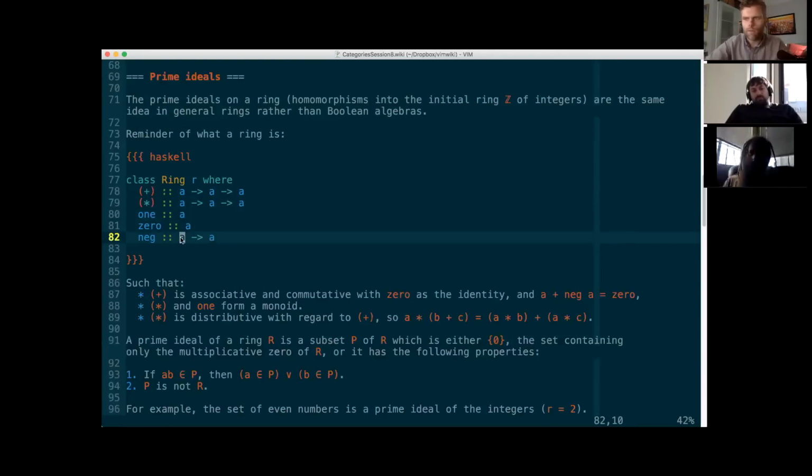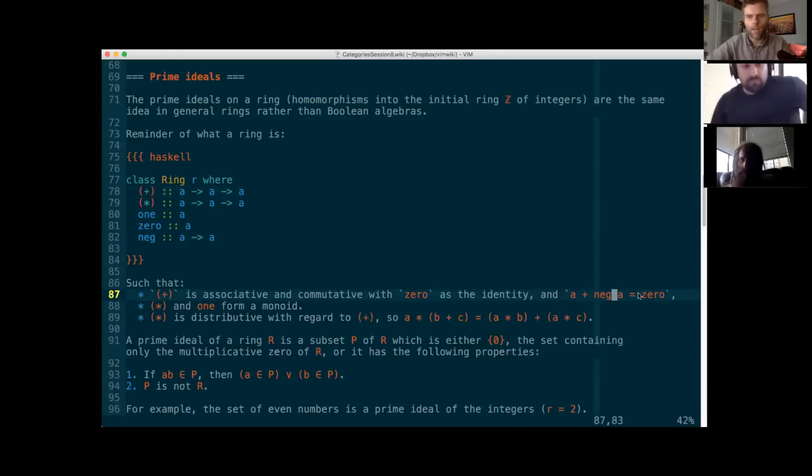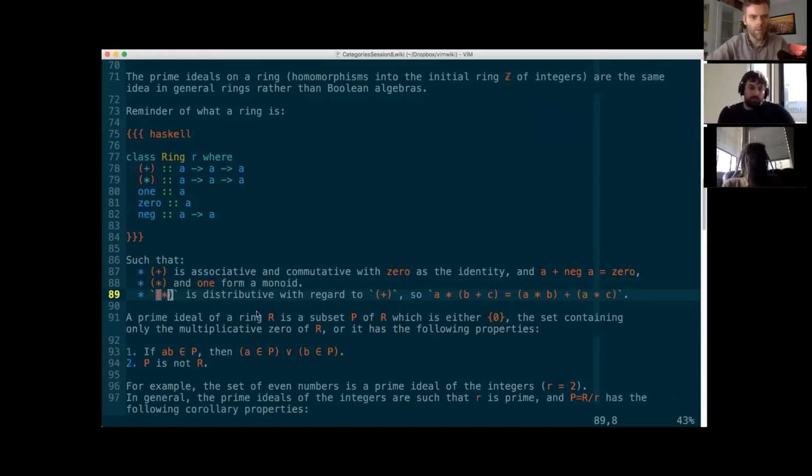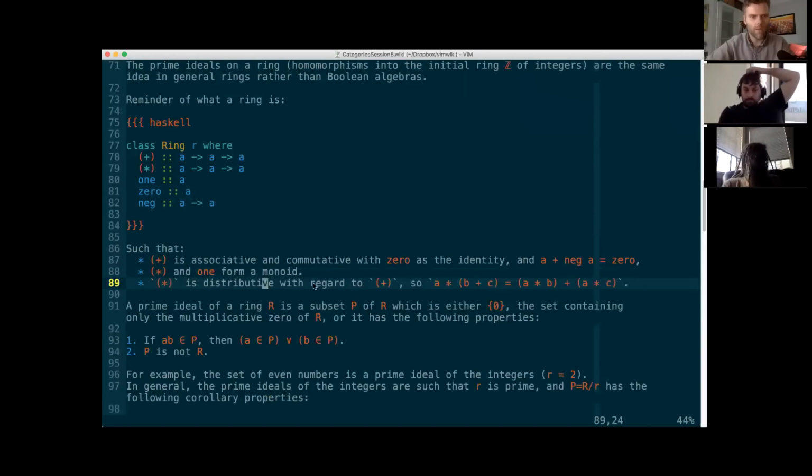So it has an inverse for each element with respect to addition, so A plus negative A is 0, and negative A plus A is 0. Star and 1 form a monoid, and plus and 0 form a commutative monoid. And then star is distributive with regard to plus. So multiplication distributes over addition in the usual way.